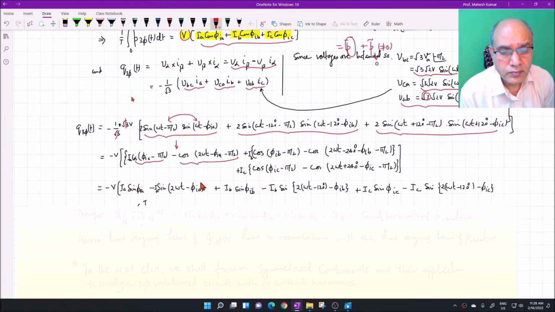Then for the next one, 2 sin A sin B, IB is common here, so IB has to be here. You have to place IA here. I missed IA. This is IB here.